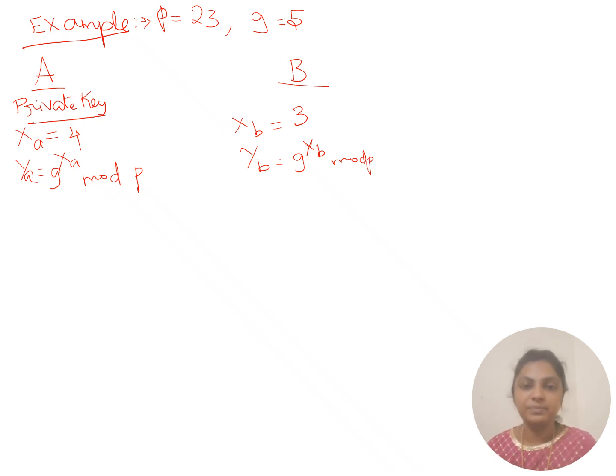Substituting that, G is 5, so 5 to the power XB, which is 3, modulo 23. Same way here, 5 to the power of the private key, which is 4, mod 23.